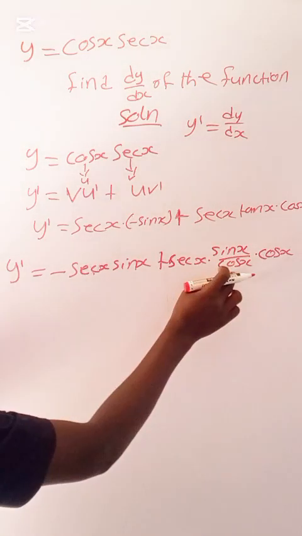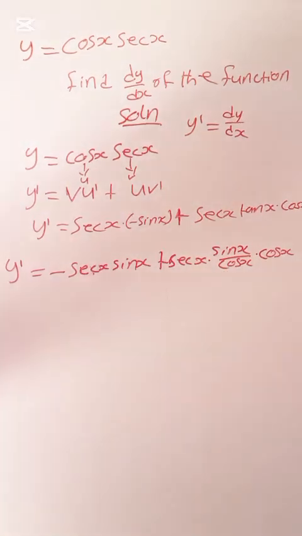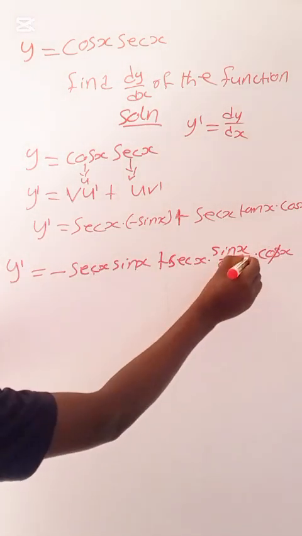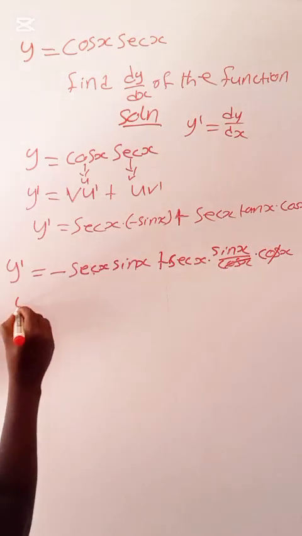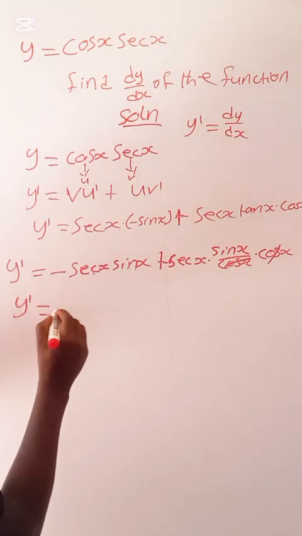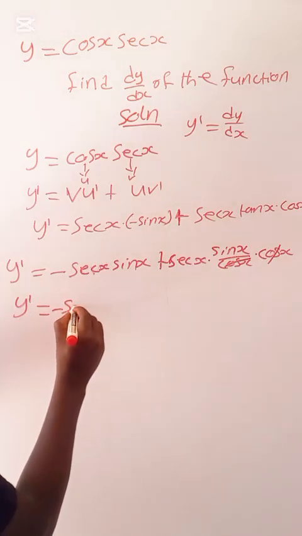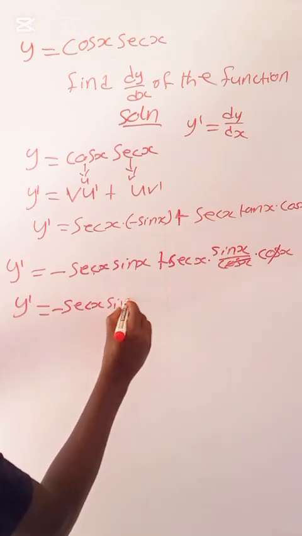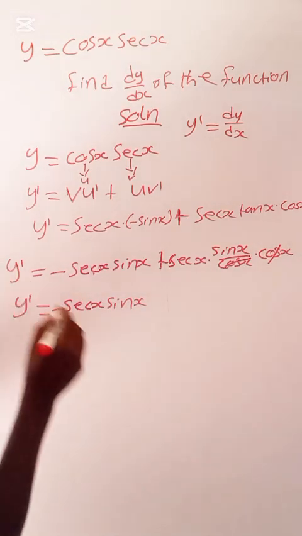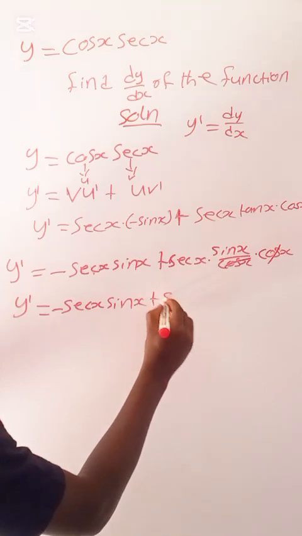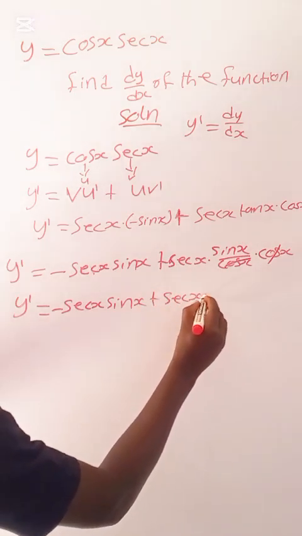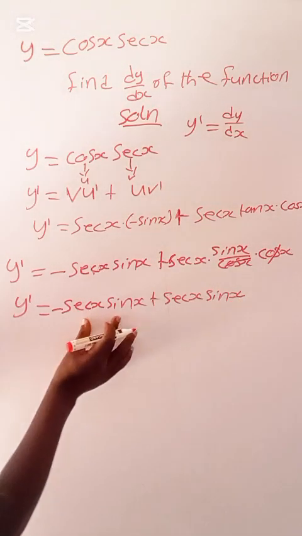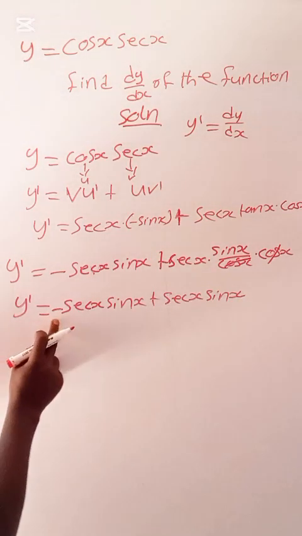So this sine x over cos x is the same thing as tan x. As you see, this one can go with this one. So we'll have y prime is equal to minus sec x sine x, then plus sec x sine x. When you check, this side and this side are the same, but this one is carrying minus and this one is carrying plus.